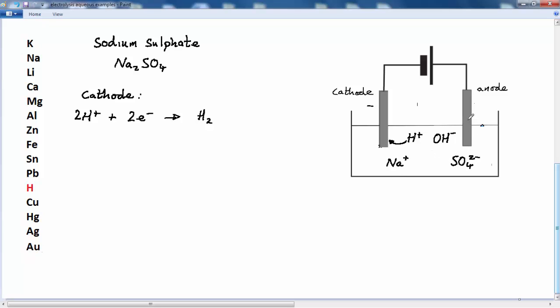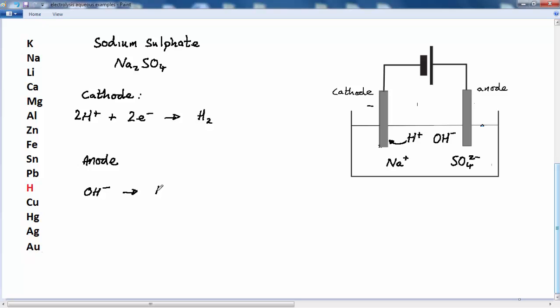And with respect to the anode, well, here we have a solution that doesn't contain a halide. So the rule is if the solution does not contain a halide, then the hydroxide ion will be oxidized at the anode. So here we have at the anode, the OH- ion will be oxidized.